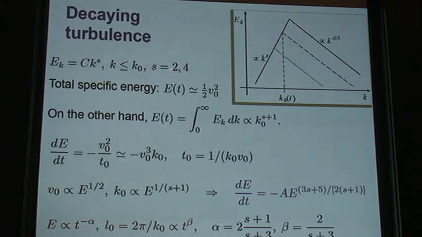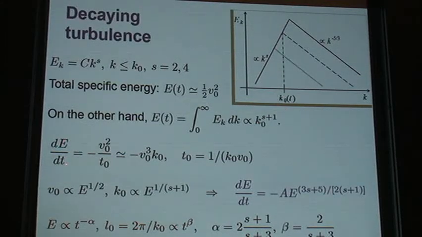There are some models which predict s equal to 2 or 4, the average is 3. Anyway, some power law. The total specific energy per unit mass is 1/2 of V0 squared, where V0 is the maximum velocity, wherever it is. On the other hand, we can integrate this spectrum and get the same energy: k0 to the power s plus 1.